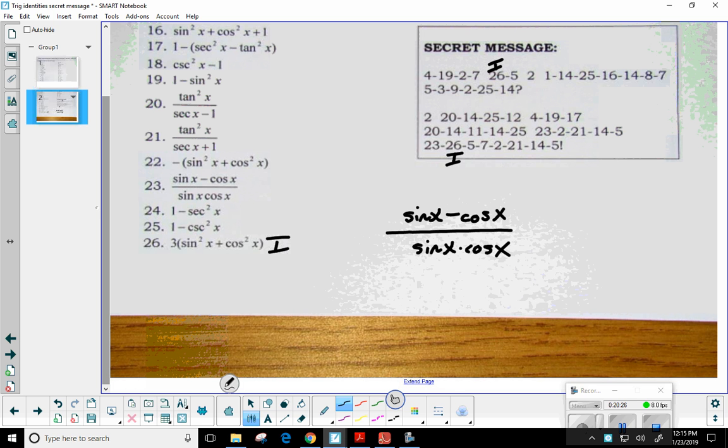Take the reciprocal. No. I mean, we could take the reciprocal of the trig functions, like we could write the sine as 1 over cosecant, the cosine as 1 over secant. I think that might make it a little more complicated, though.